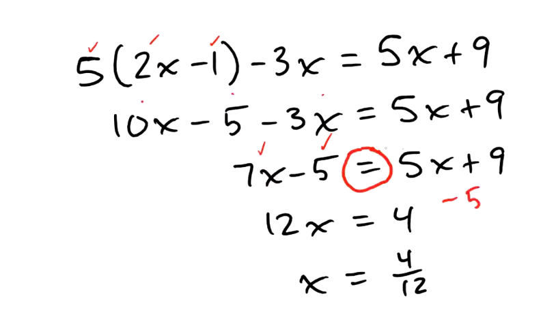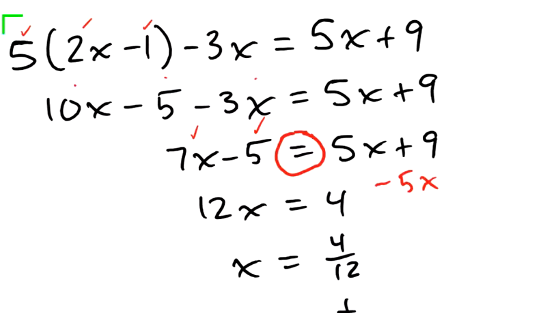If I take away 5x from this side, it definitely creates 0, leaving me with just a 9, and subtract 5x from this side, and it would give me a 2x. So, and I see actually another mistake. So this should become 2x minus 5, and that would equal 4.